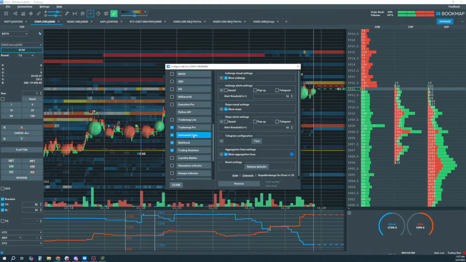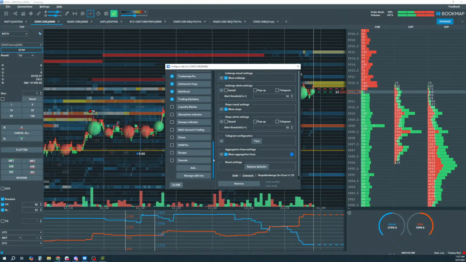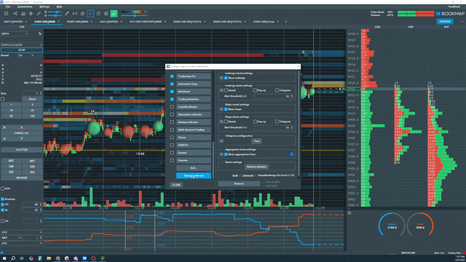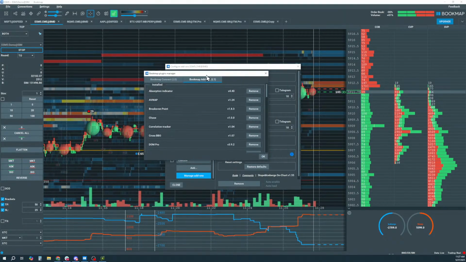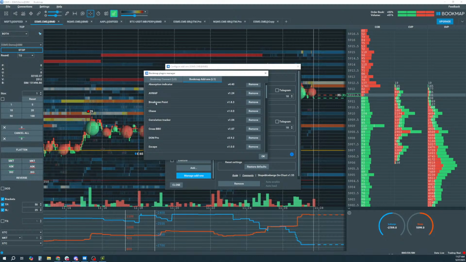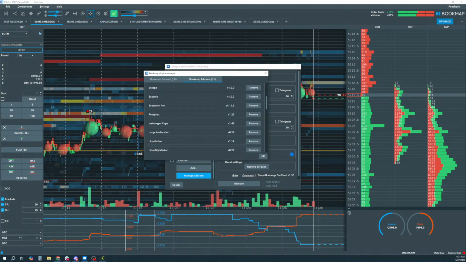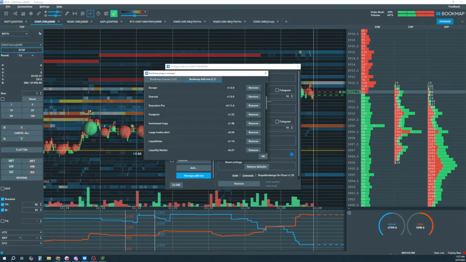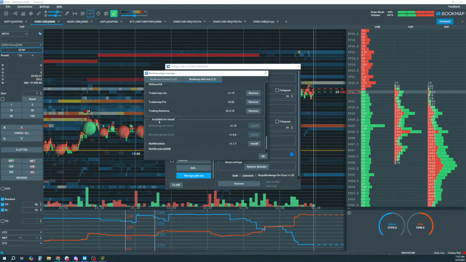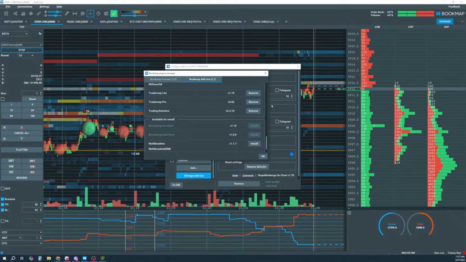If you don't see it here, Shark, just go a little bit lower, go to add-ons manager, click on that. That'll bring up your add-ons manager. And then these are ordered alphabetically. So you'll see instrument copy right here. And you can see I have it installed already. If you don't see it here, just scroll to the bottom and you'll see it available for install here.